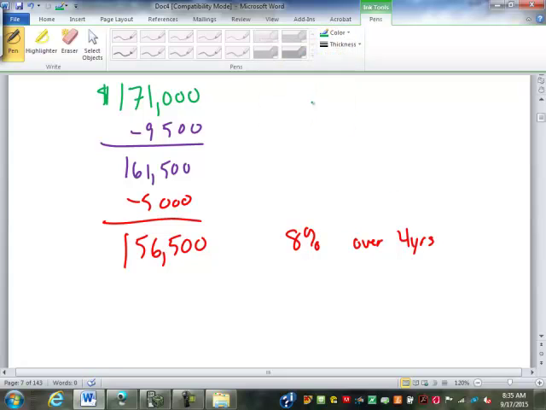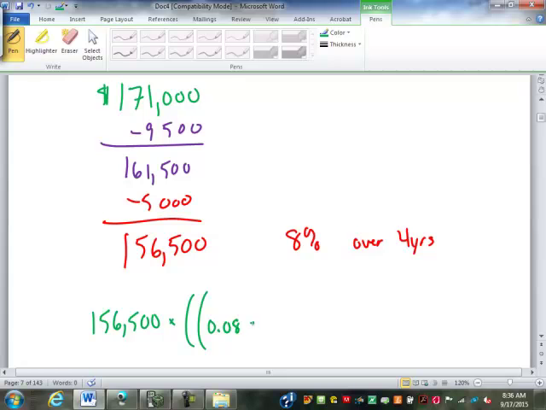So if you recall, our formula for monthly payment, we have to take the amount of principal, the $156,500, times, ready for this? It's going to be our 8%, but it's got to be written as a rate.